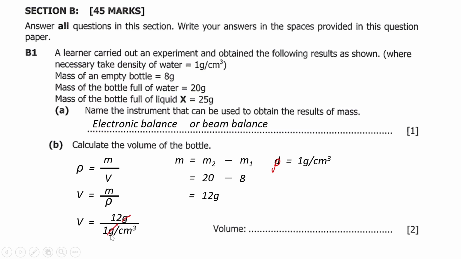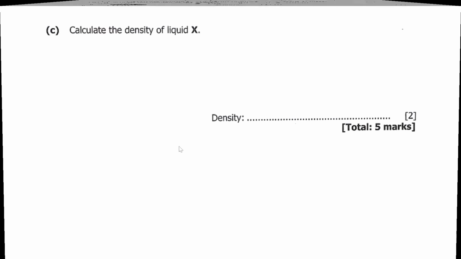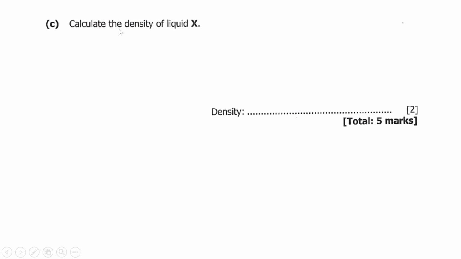Then 1 into 12 is 12, and you remain with cubic centimeters. So the answer here is volume is equal to 12 cubic centimeters. This is the volume of the water, which is also equal to the volume of the bottle.